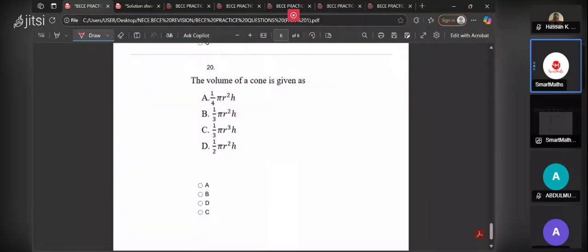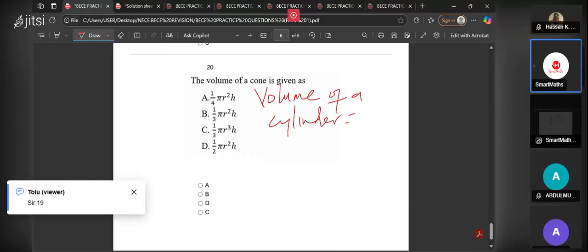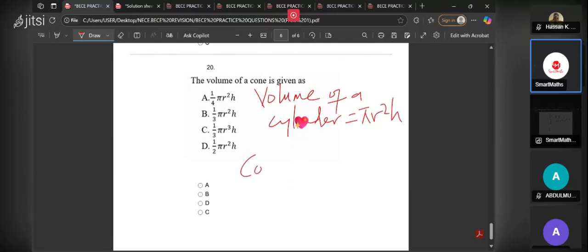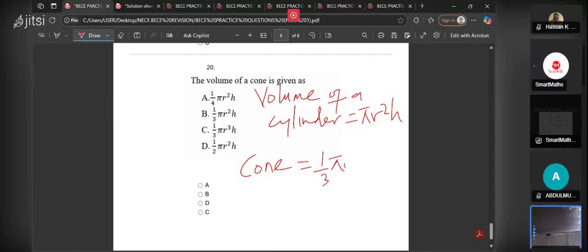So volume of a cone. If you know the volume of a cylinder, the volume of a cylinder is pi r square h, while that of a cone will then be one third of the volume of a cylinder, which is 1 over 3 pi r square h.